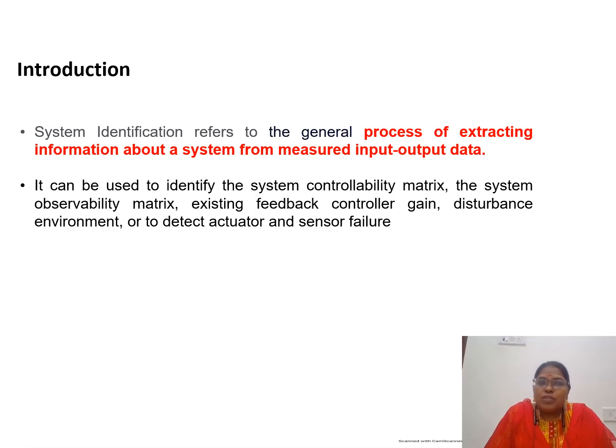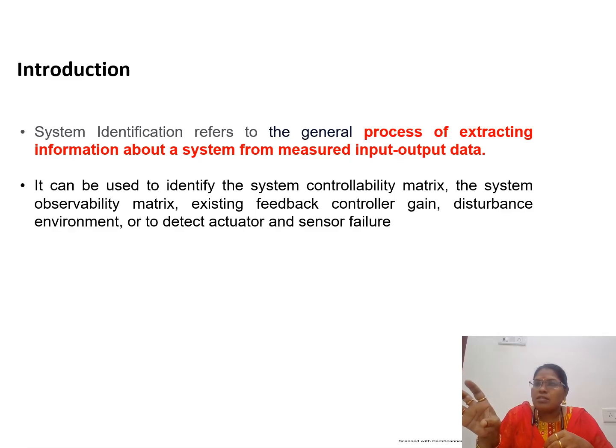So first, let us move to the introduction. System identification is nothing but extracting information about the system from the measured input and output data. You have one input data and you have an output data of any system. From the system, get the input data and collect the output data, input both to system identification, select some of the models whatever is needed to identify the particular system, and then obtain the model.